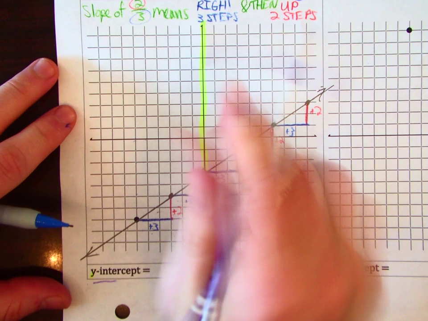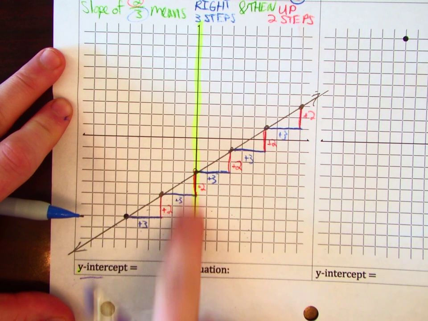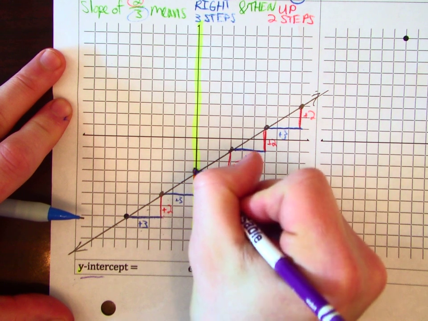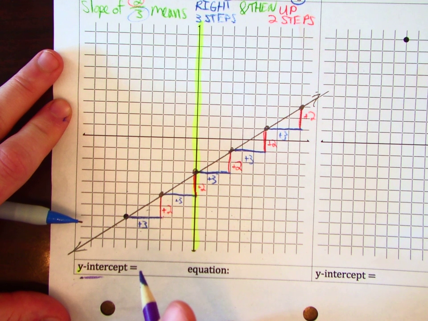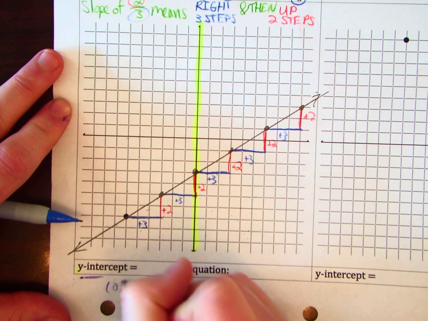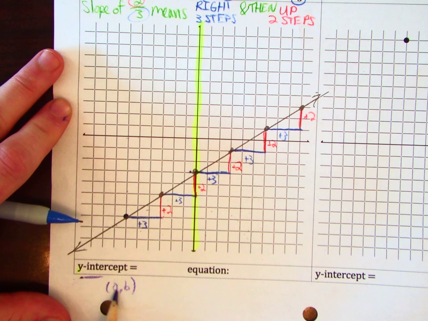You can even use your finger to go up and down and see, okay, what point am I at? So right here at this value, I have my y-intercept. That is the ordered pair (0, b), where b is your y value. Your x is always going to be 0.